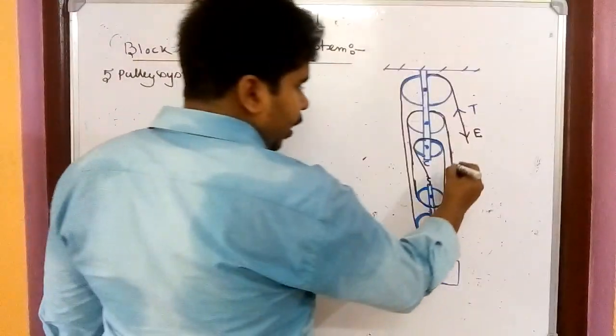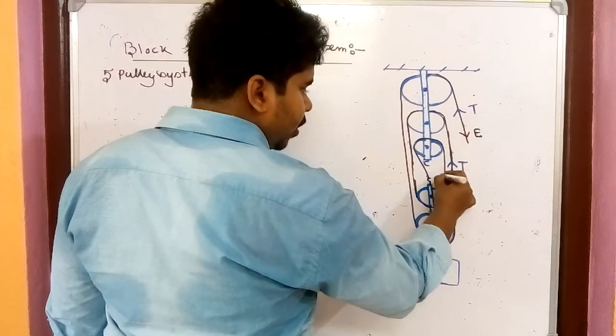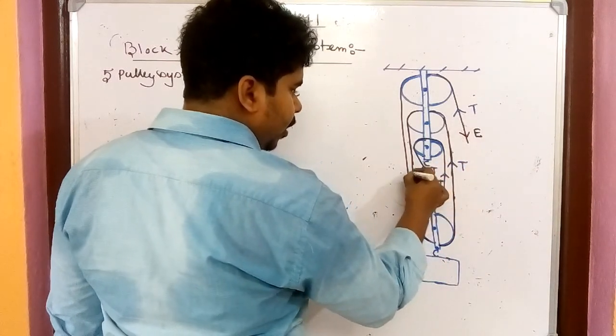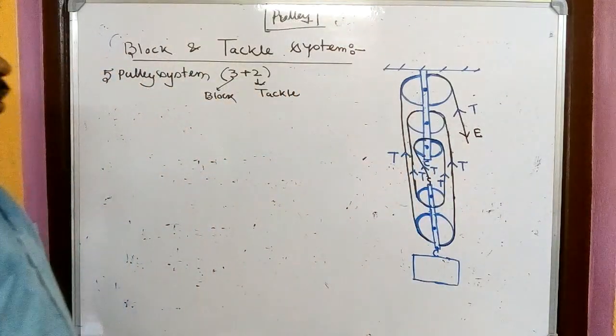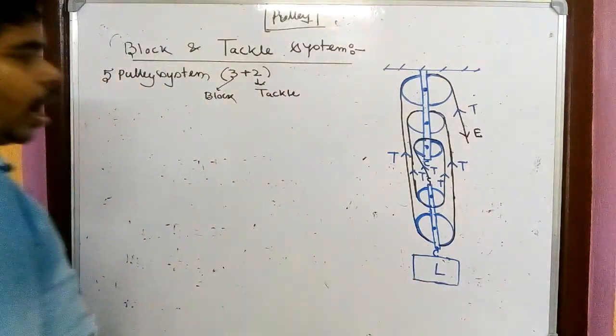Number one, here also, if I am talking about this string, this is the tension, this is the tension. For this string also the tension is acting, this string also tension is acting. The total tension is acting upward.